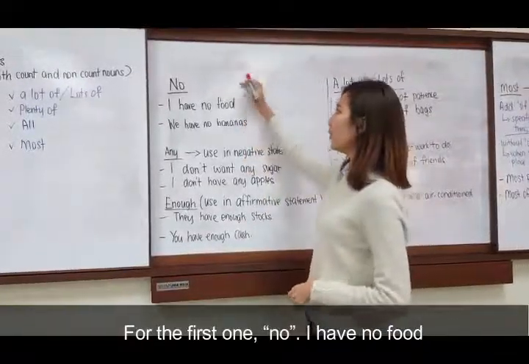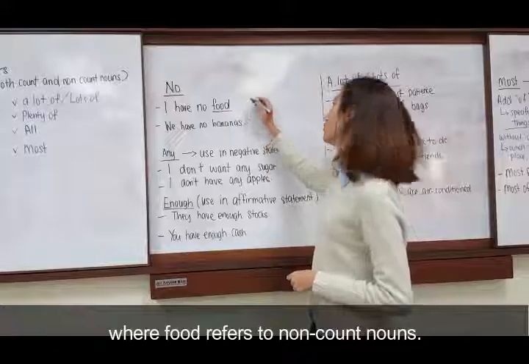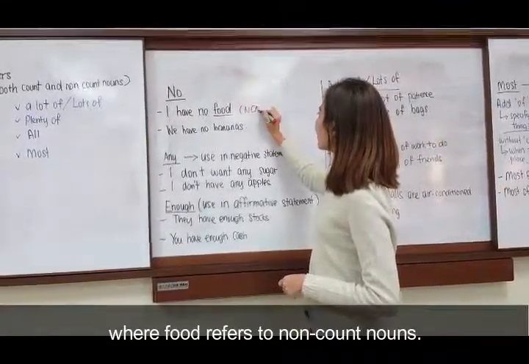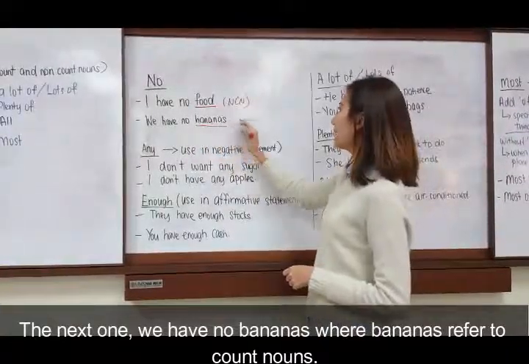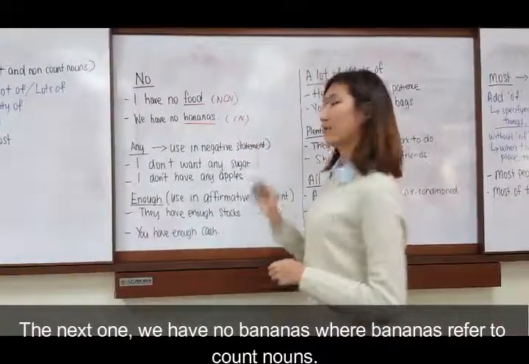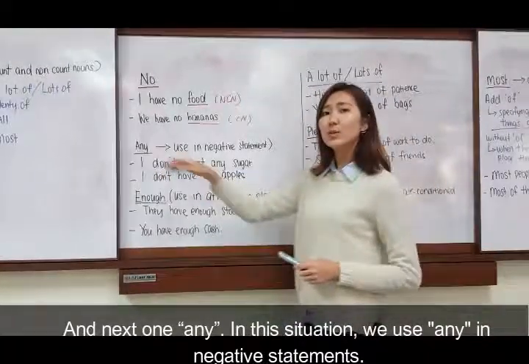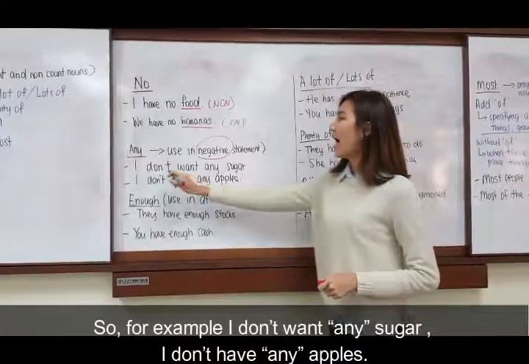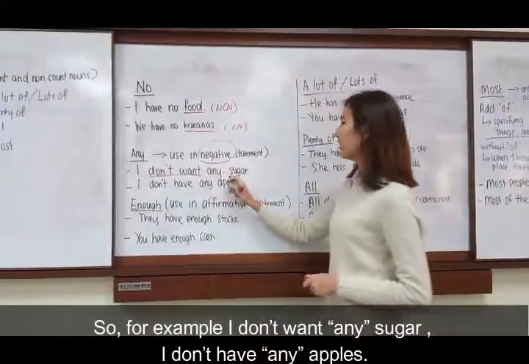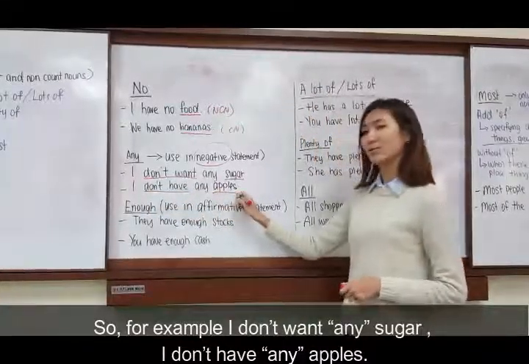For the first one, no: I have no food, where food refers to non-count nouns. The next one, we have no bananas, where bananas refers to count nouns. And next one, any. In this situation, we use any in negative statements. So for example, I don't want any sugar. I don't have any apples.